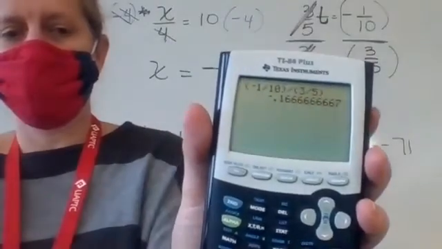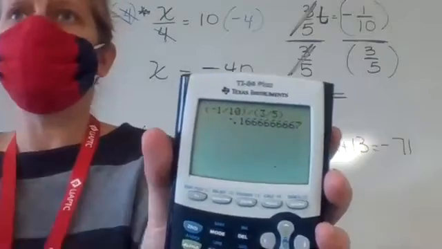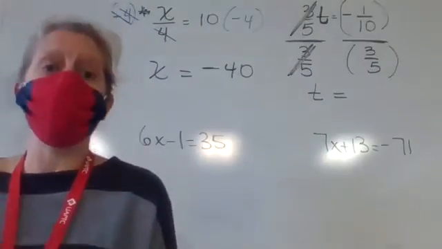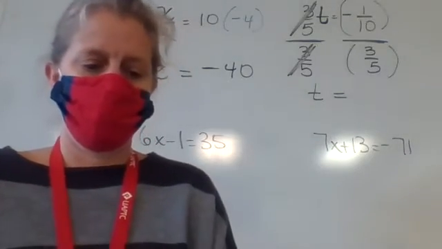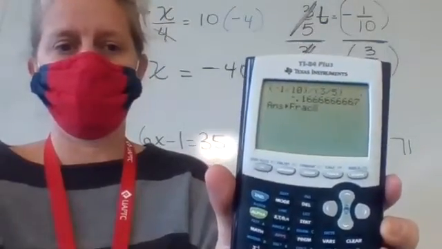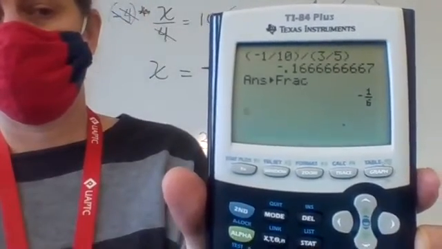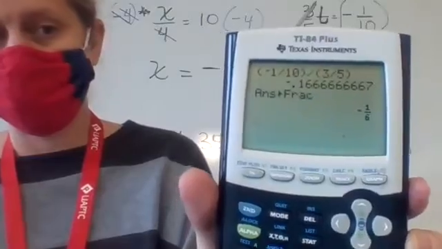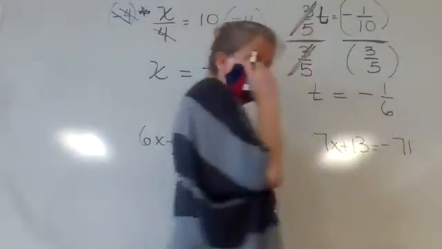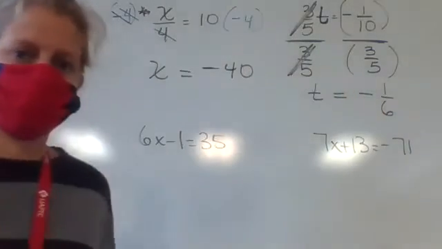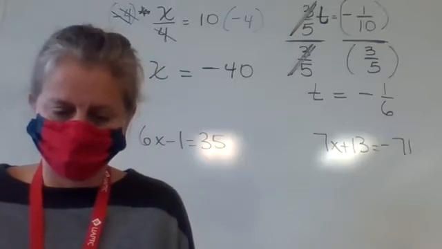It's probably going to give me a crazy decimal. But I want it to be a fraction, which means what do I need to do? Math, enter. I'm at 3 divided by 5. You with me? 3 divided by 5.